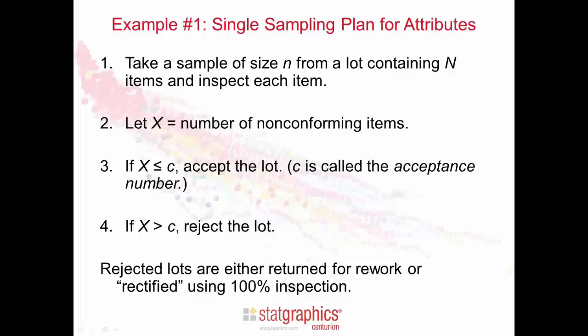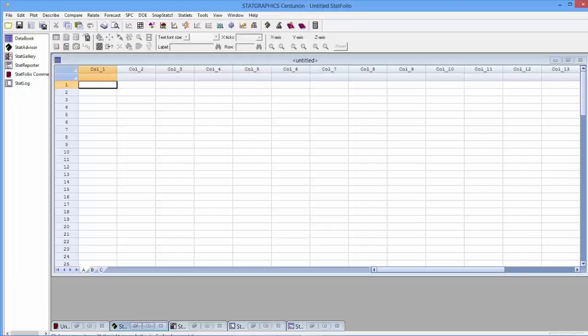Okay, now we need to go to Statgraphics and call up our first acceptance sampling procedure. So let me toggle over to where I'm running Statgraphics and call up the first acceptance sampling procedure.